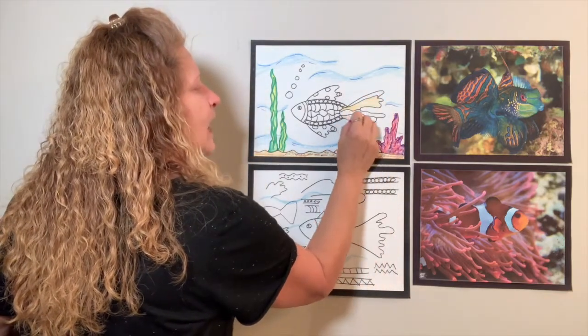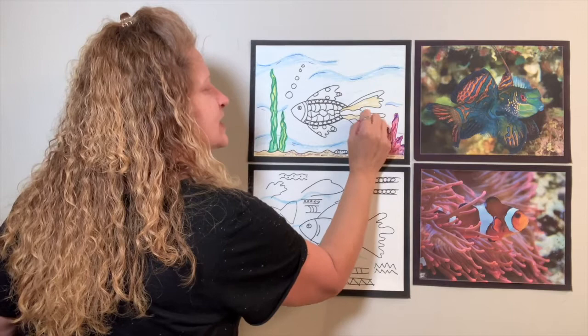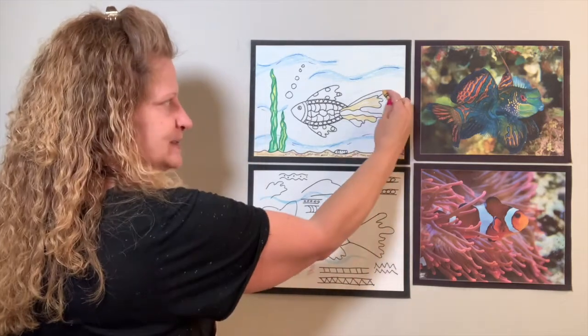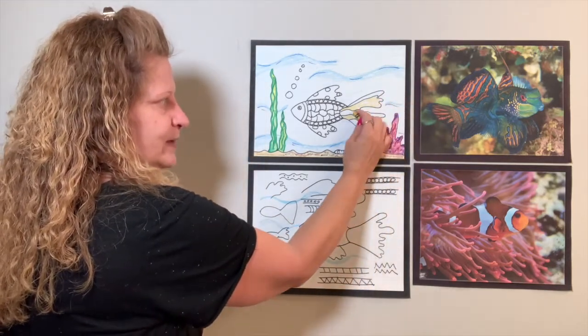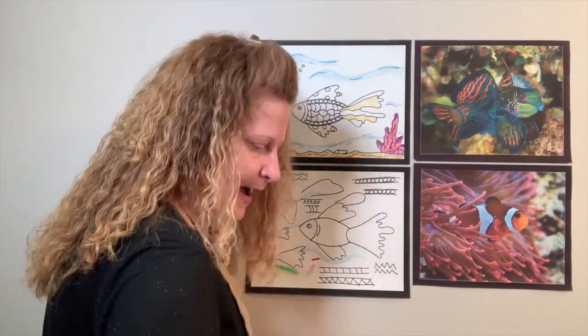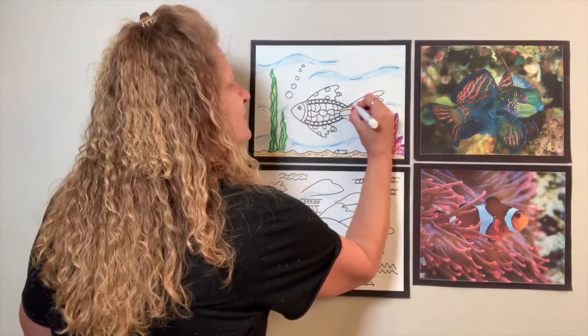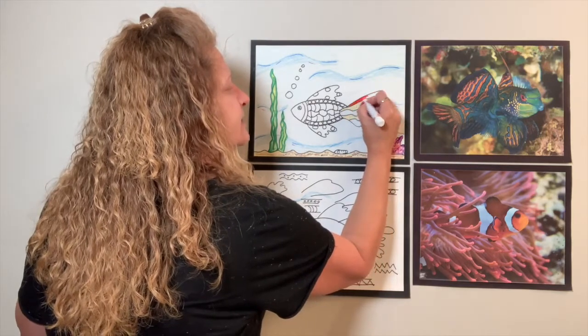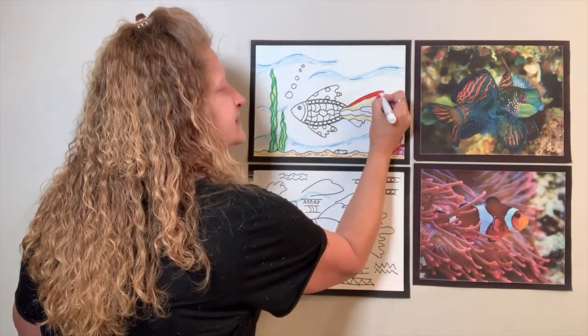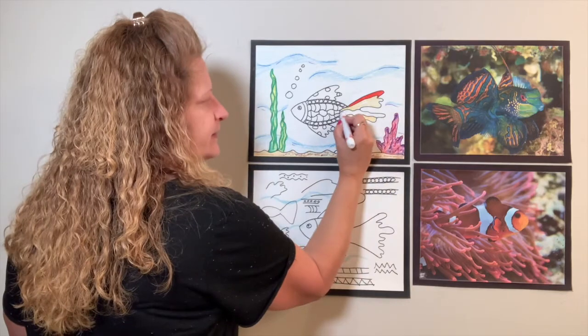And now I want to start coloring in my fish. And I'm making a pattern. So I'm going to skip one, color one, skip one, color one, skip one. And I think now I want to actually use my markers to do some coloring. So here we go. And you could decide on what colors you want to color your fish.